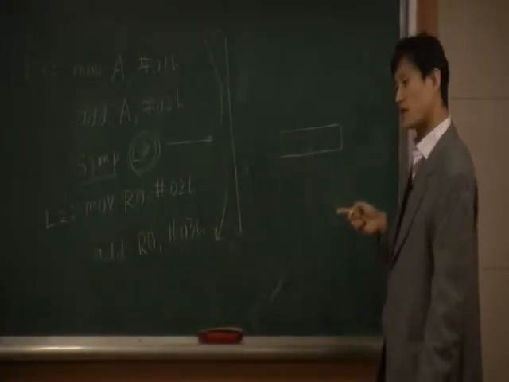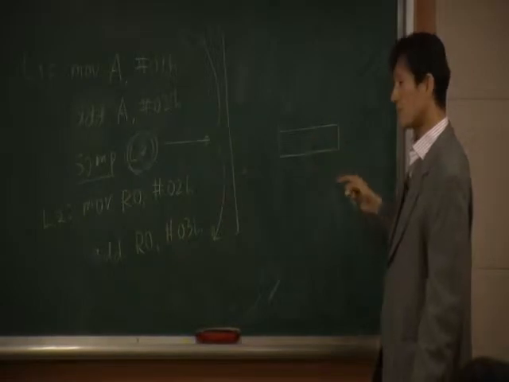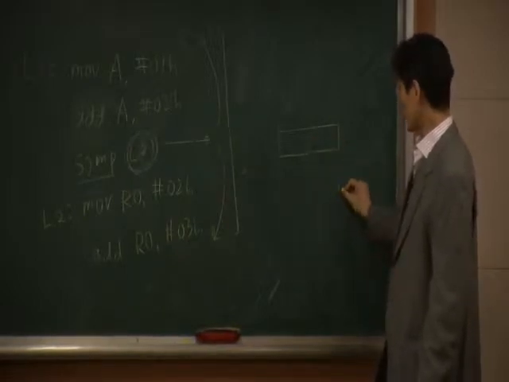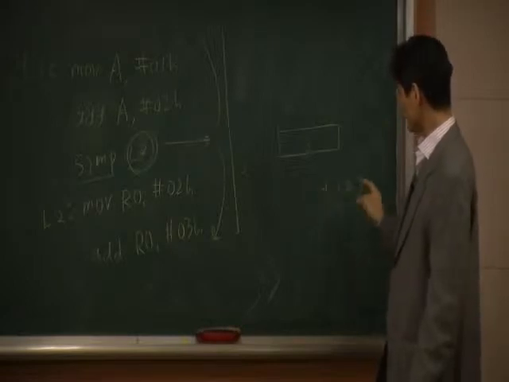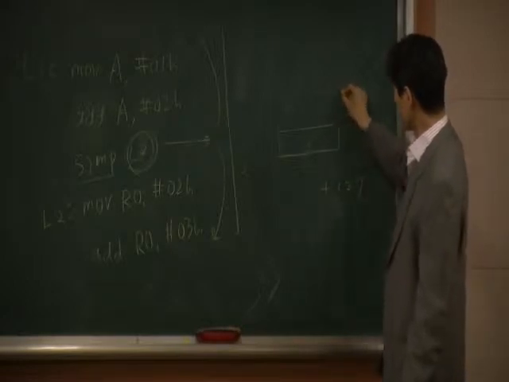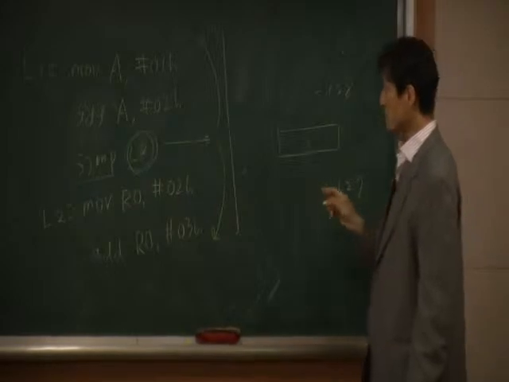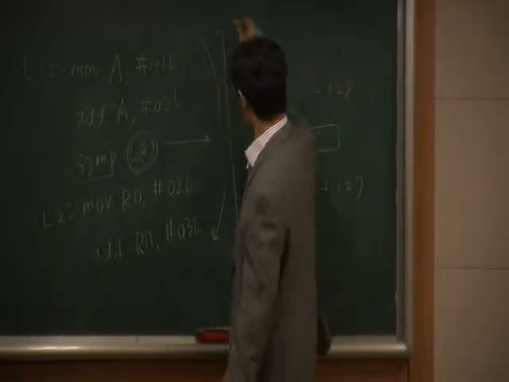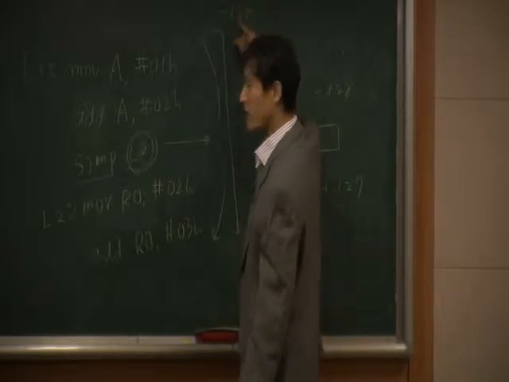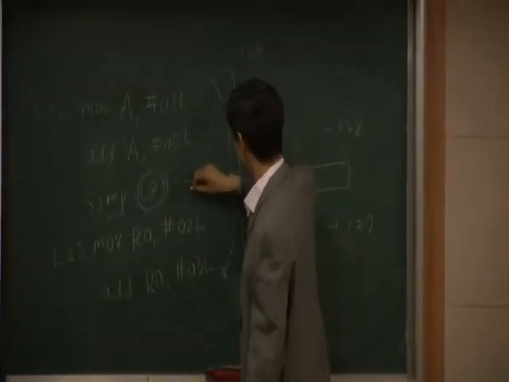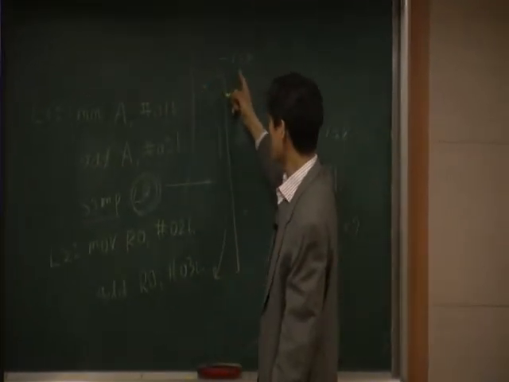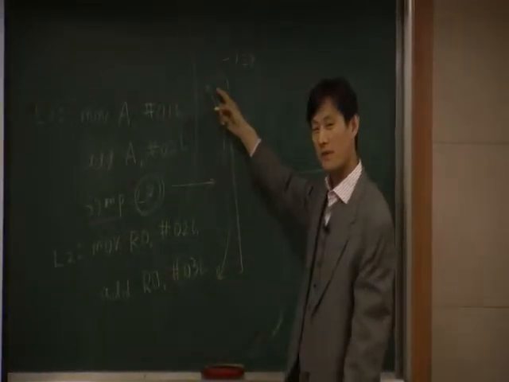So what is the range of the value you can have? Using 2's complement, you can have a maximum of 127 and a minimum of minus 128. So this is the maximum you can jump back. You cannot jump like 1,000 back.